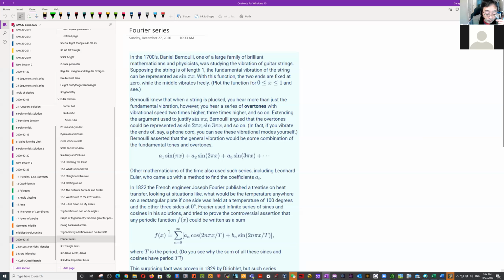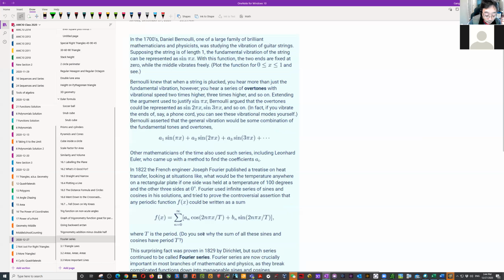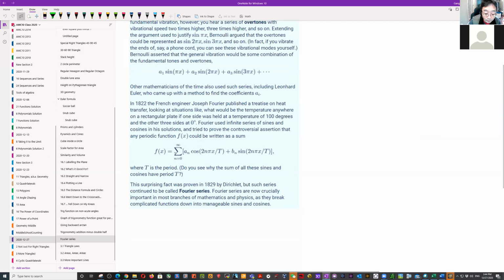And then Fourier, the French engineer Joseph Fourier, established the formula that all periodic functions can be represented by a series of sine and cosine functions with different frequencies.